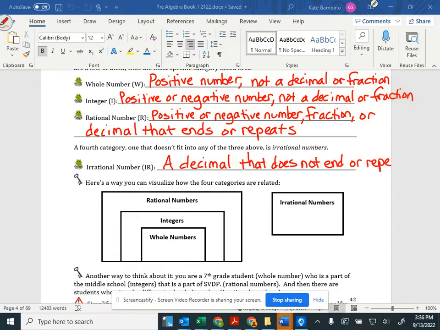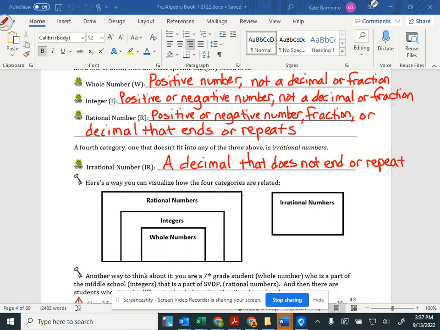So if it is a decimal that goes on and on and on, it will be irrational. If it is a decimal that stops, like 4.25, it ends, or it repeats, 4.252525252525, then it would be rational. But if it's one of those decimals that goes on and on, it is irrational.